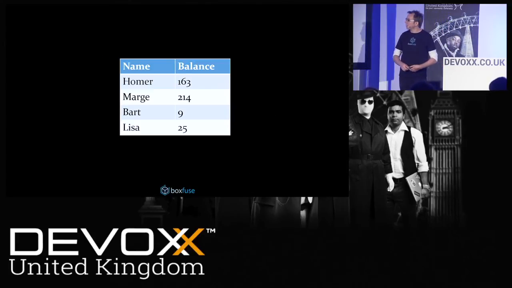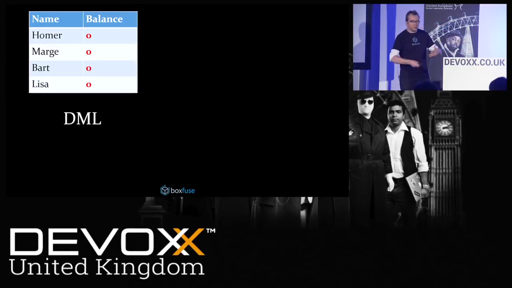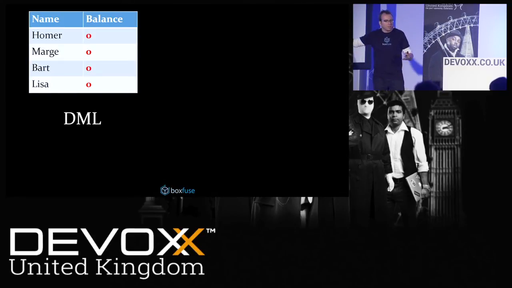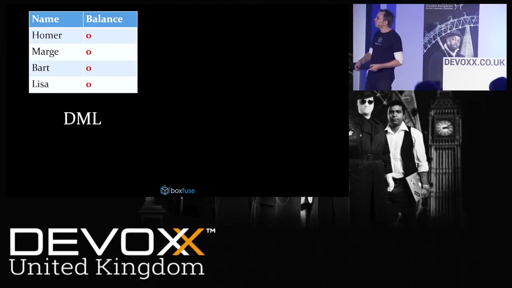If we look at a simple example here, we've got our simple table with 2 columns, the name and the balance of some accounts table. And we execute an update statement, but unfortunately, we make a mistake in our where clause. So this is what we get. It doesn't matter whether the number on the right is a 0 or 666. It doesn't matter. The minute you have the power to change data, you have the power to destroy it.